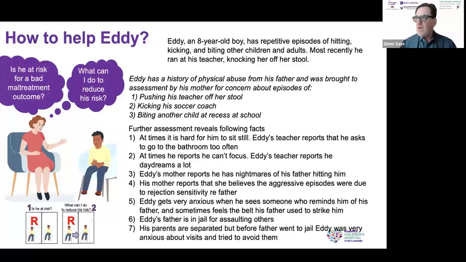I wish I could say this was the most serious case I've ever seen, but I'm sure people in the room here know that if we're working with maltreated kids and families, these are the kids and families we're called to help. This is sadly, tragically, not an atypical case.